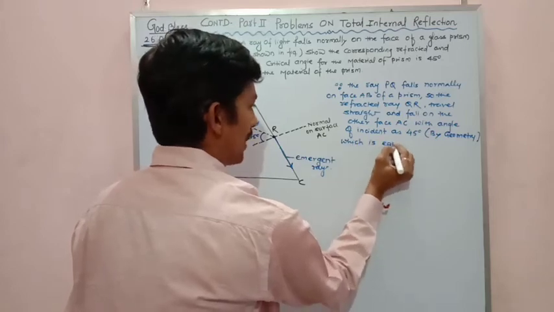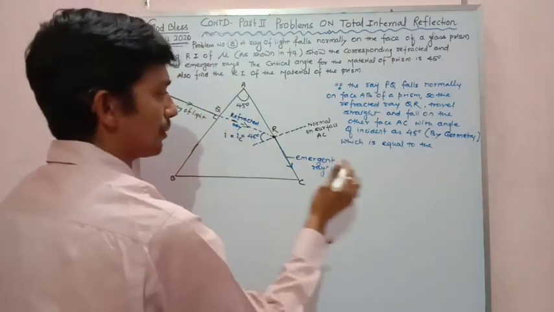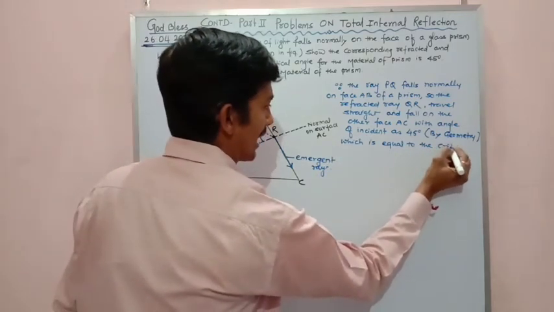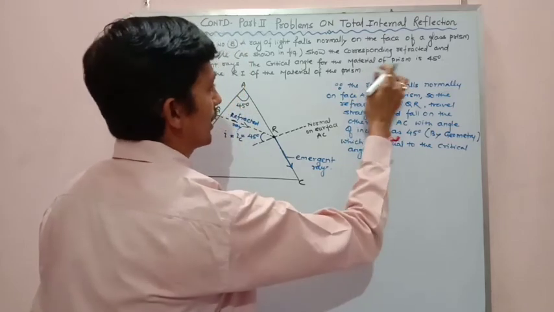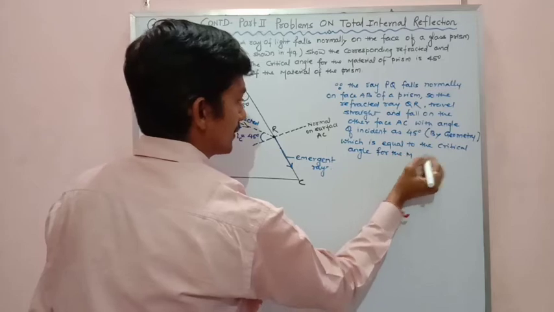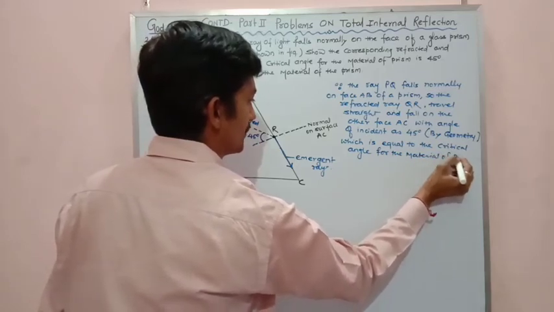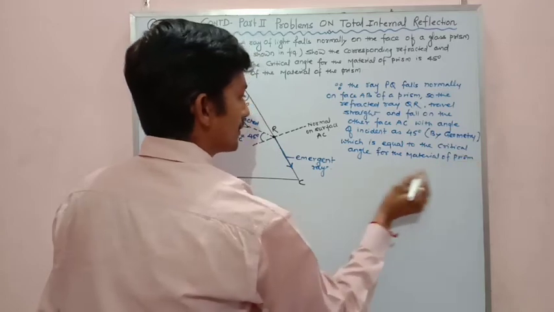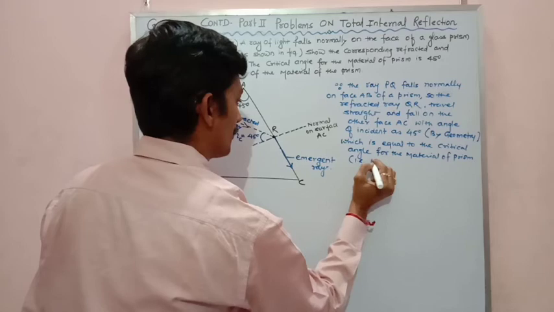This angle is equal to the critical angle for the material of the prism, that is 45 degree.